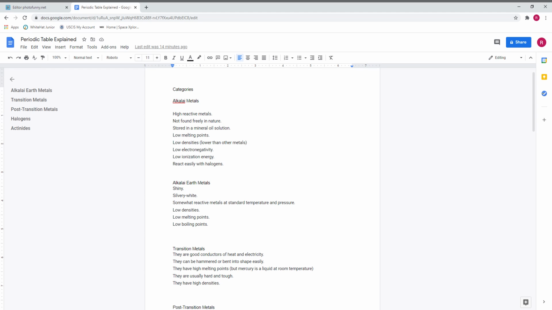That means if you want to mine some lithium, you will find it with another metal, and then you have to extract it. Stored in mineral oil solution, they have low melting points, low densities, lower than other metals, low electronegativity, low ionization energy, and they react easily with halogens.